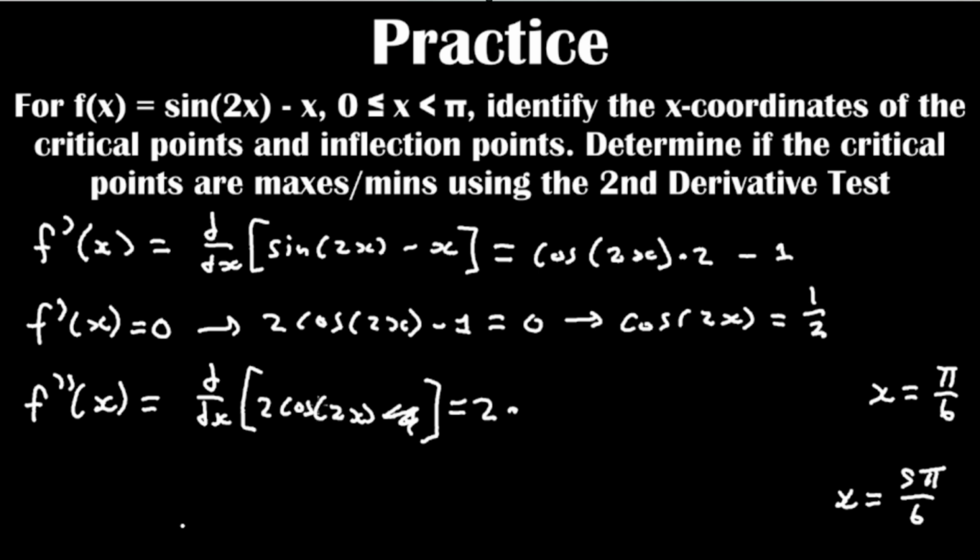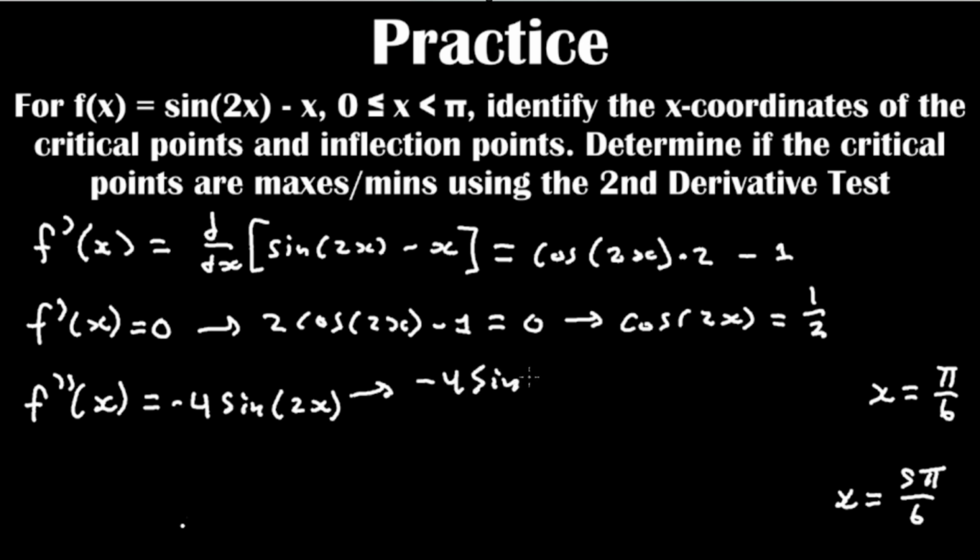The derivative of cosine is minus sine, and the chain rule says we need to evaluate that at the inside. So minus sine of 2x times the derivative of the inside, which is 2. So minus 4 sine of 2x is our second derivative. Now we need to set our second derivative equal to 0 to find where it switches signs.